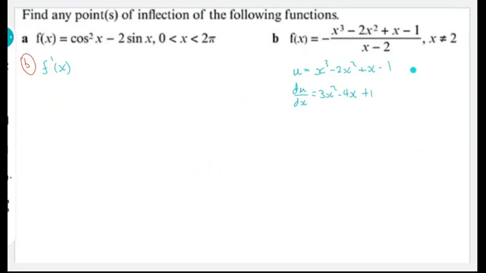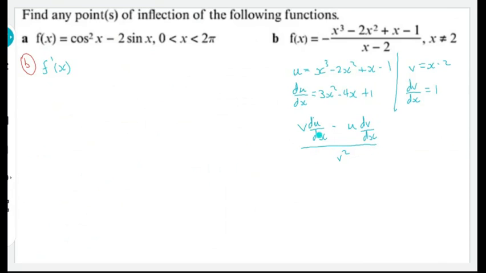And then we've got v equals x minus 2, so therefore dv dx equals 1. Our quotient rule is v du dx, take away u dv dx, all divided by v squared.